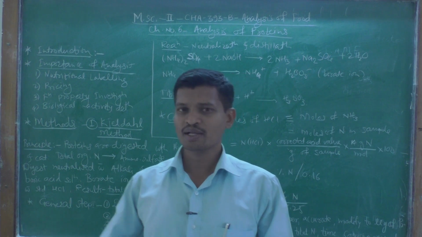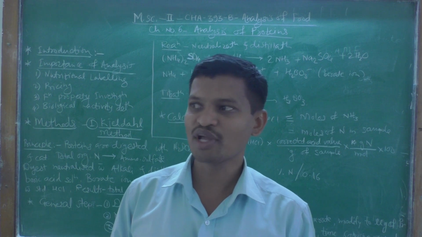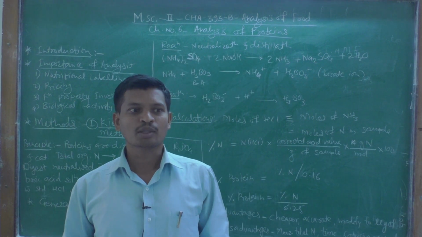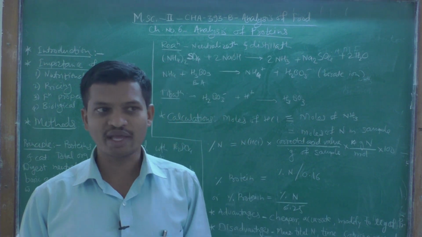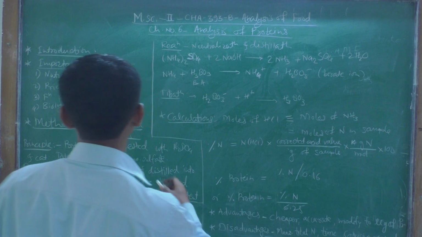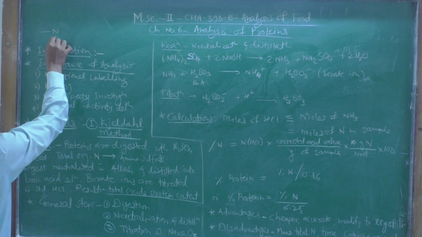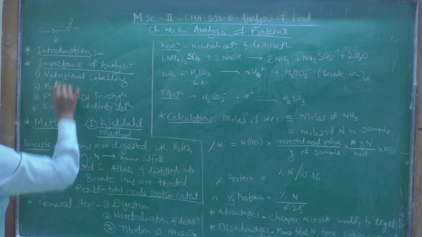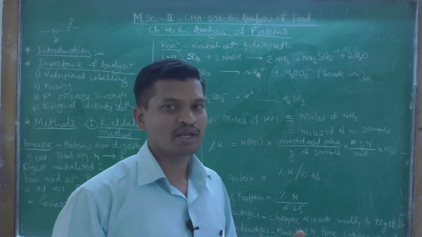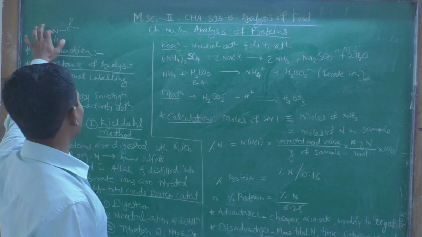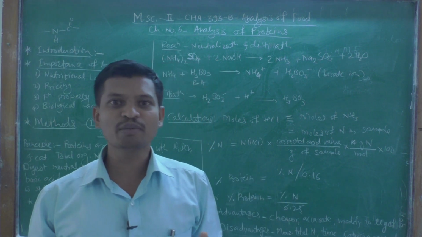Dear friends, we know that the basic structure of all proteins is made up of amino acids, and these amino acids are bonded together by a peptide bond, or amide bond. We know that the peptide bond is NHCO. So all these amino acids are joined together by a bond. That bond is known as NHCO. This bond is called the peptide bond.